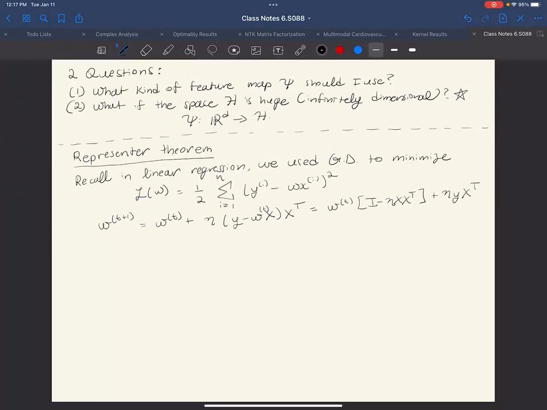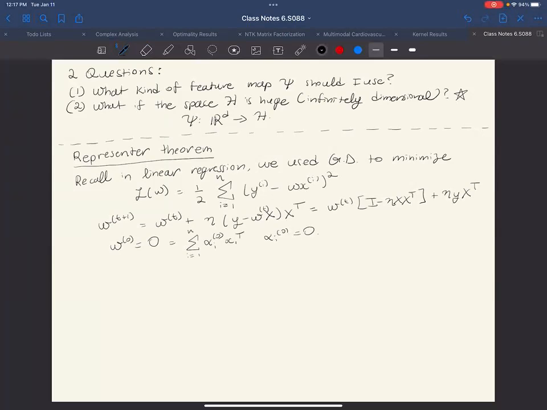Now there's an interesting point in this analysis, which I think we discussed last time, but I just wanted to make it a bit clearer. At any point, if we have some w_0, we started out with w_0 being 0, but in fact we can write this as a sum over i equals 1 to n of alpha_i(0) x_i transpose. In this case, the alpha_i's were all equal to 0. Why are we doing this?